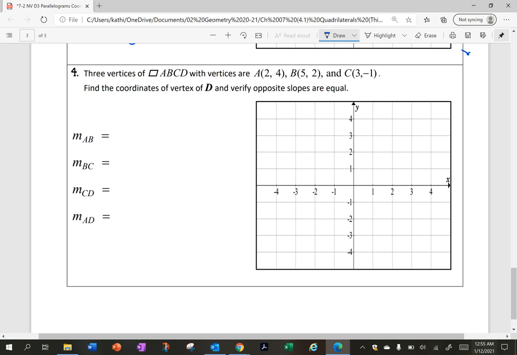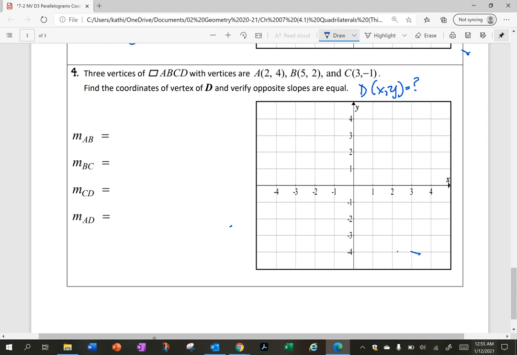Okay, there are 3 vertices for quadrilateral or polygon parallelogram ABCD, with vertices at A, B, and C. Find the coordinates of D. So I'm trying to find the coordinates of D, and then verify their slopes. Okay, so let's plot.